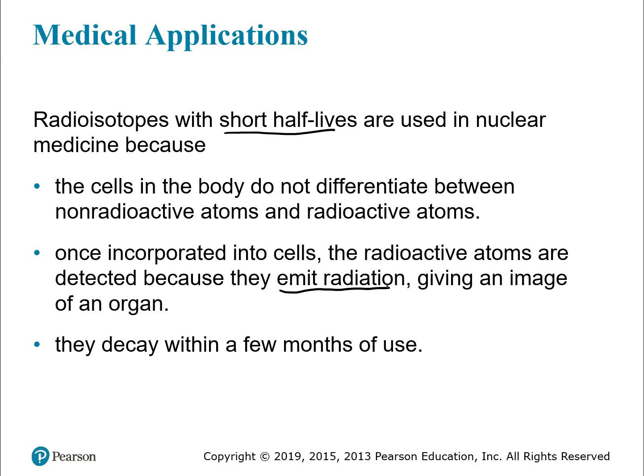You want to use something that's going to decay within a few months of use to minimize the amount of damage that happens to your organs. So radioisotopes are great for imaging. You just have to be careful with the dosage and which radioisotopes you use so that you minimize the damage.